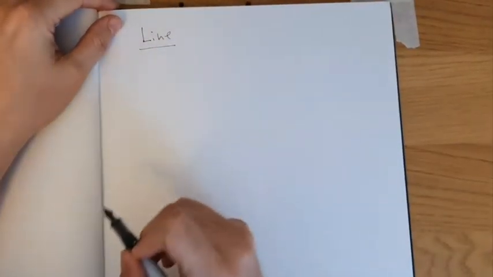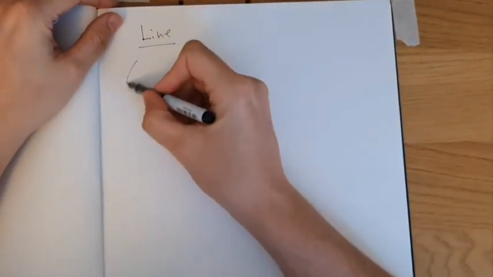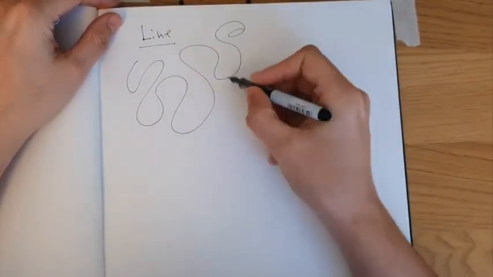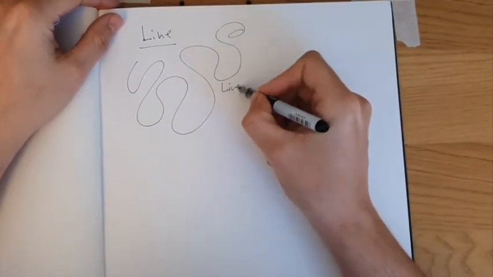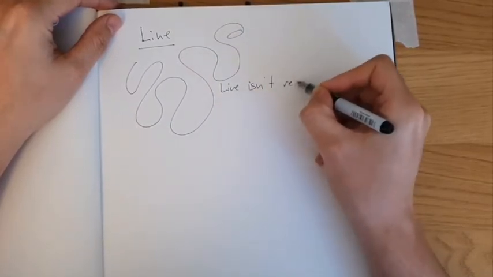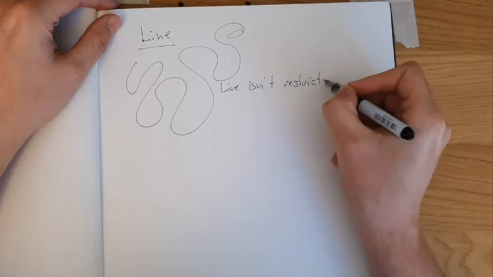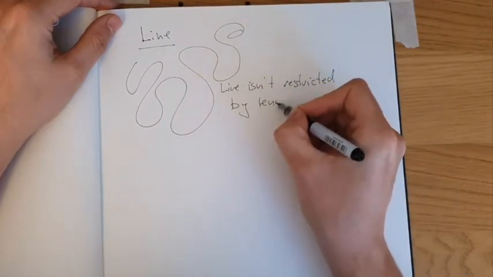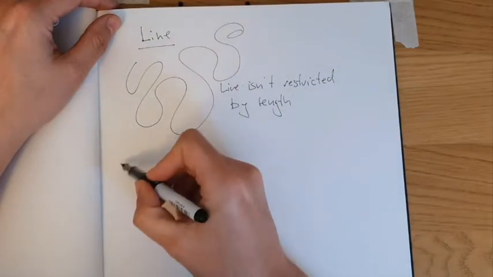Okay, next is line. So this is as much a line, this kind of crazy curly line, it's just a different type of line. Absolutely not.